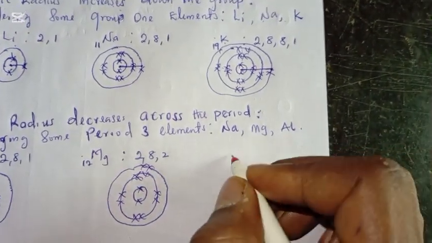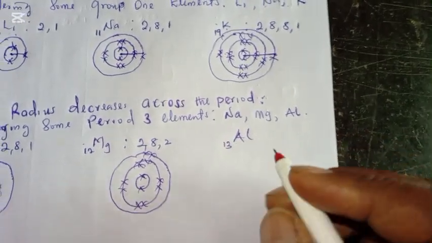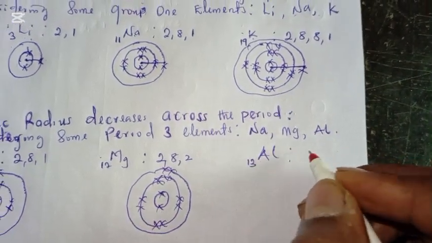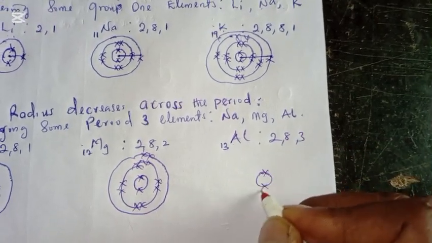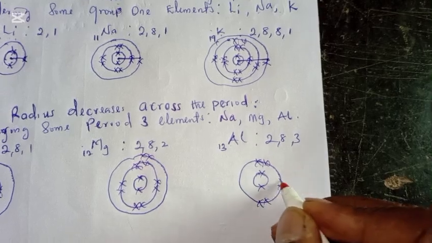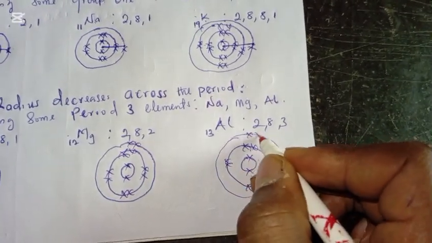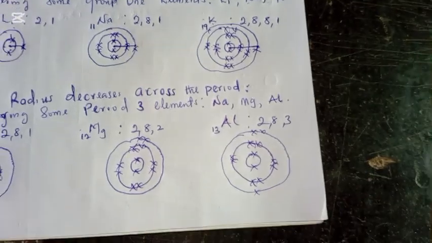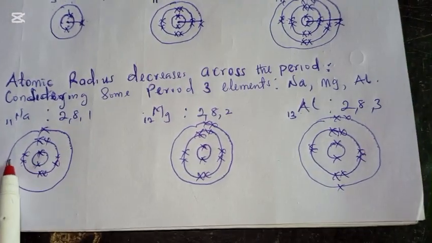What about the last one here, which is aluminum? Aluminum is with the atomic number of what? 13. And the electronic configuration of 2, 8, 3. Drawing the shell, we are going to have 2, 8, and 3.